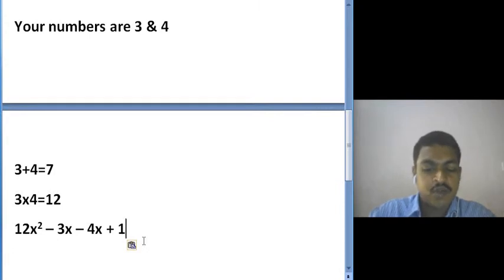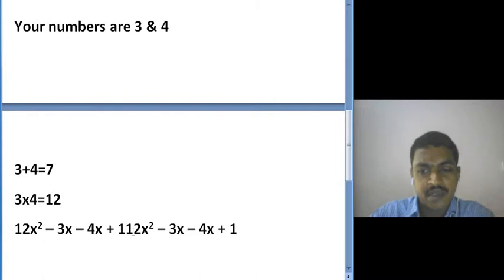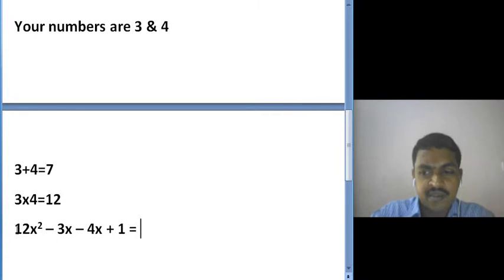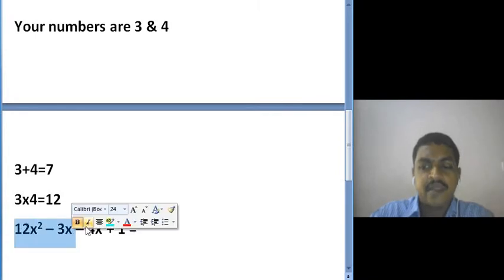So what you have to do in your next step is that we are going to separate the first two terms and the next two terms.